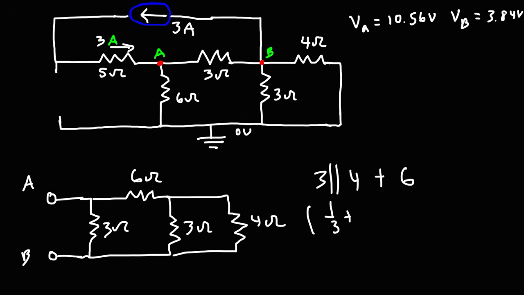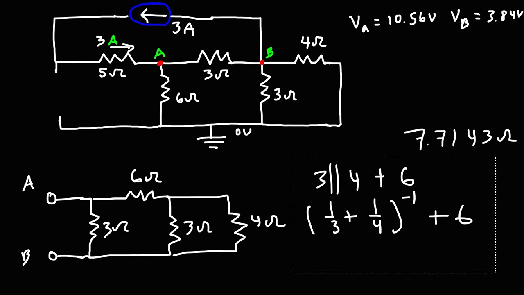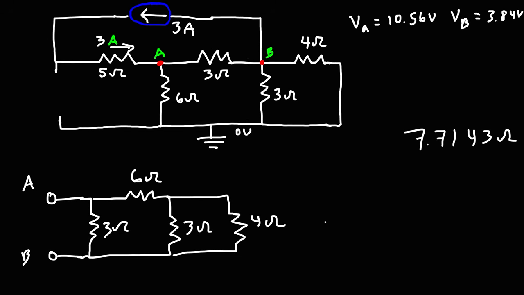So it's going to be (1/3 + 1/4)^-1 + 6. The equivalent resistance of these 3 resistors is 7.7143 ohms.